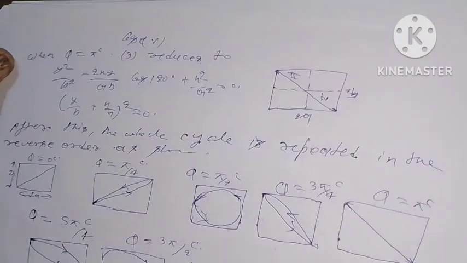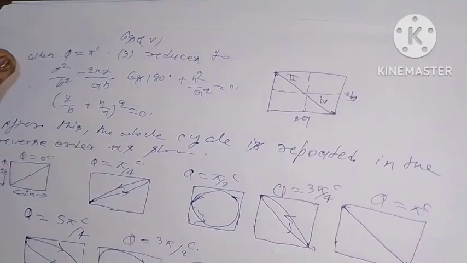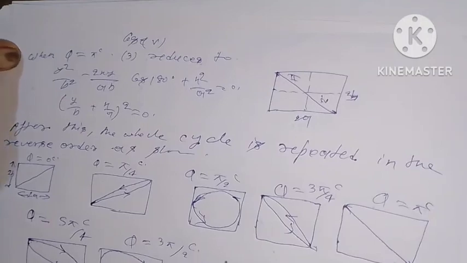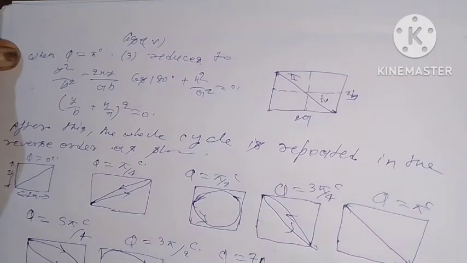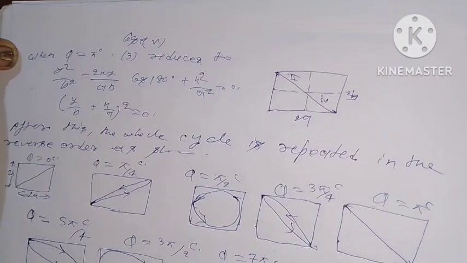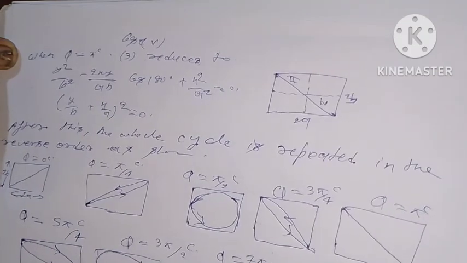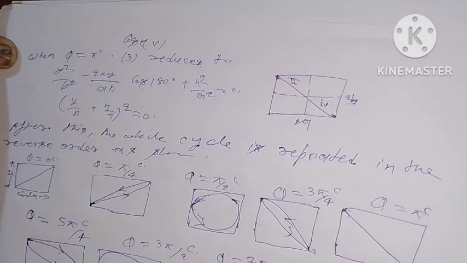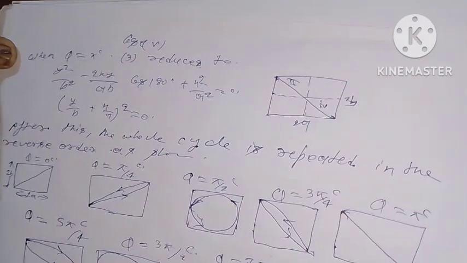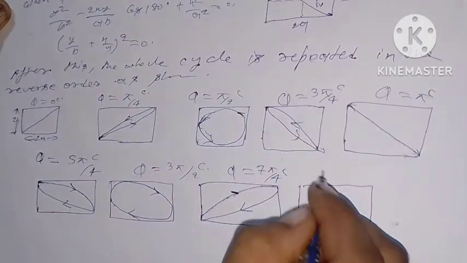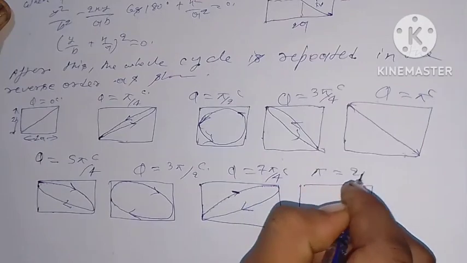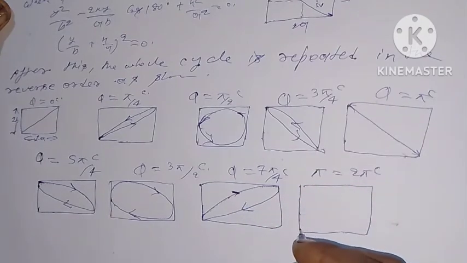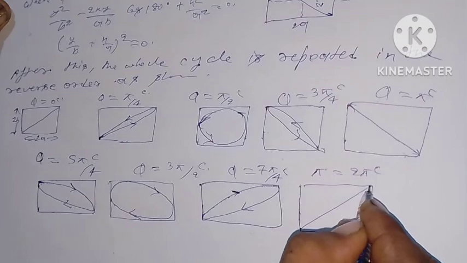If phi equal to 7 pi by 4 radians, the figure is in opposite directions. And the next is phi equal to 2 pi radians. The figure is straight lines.